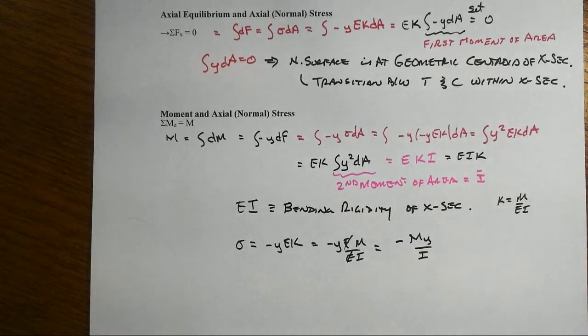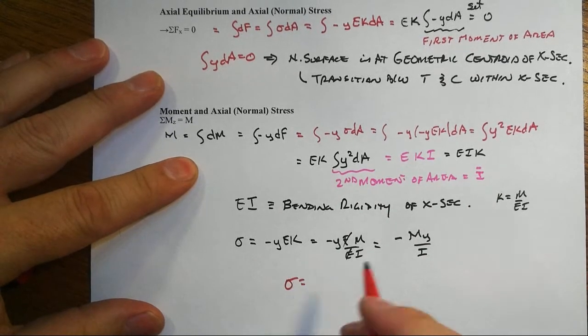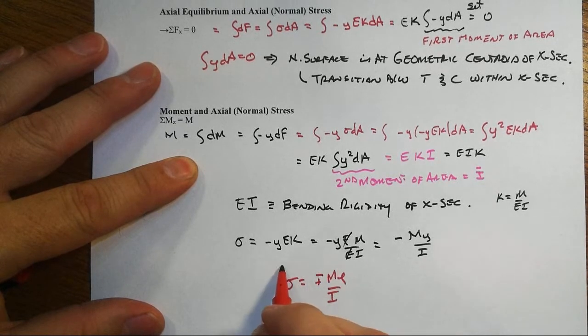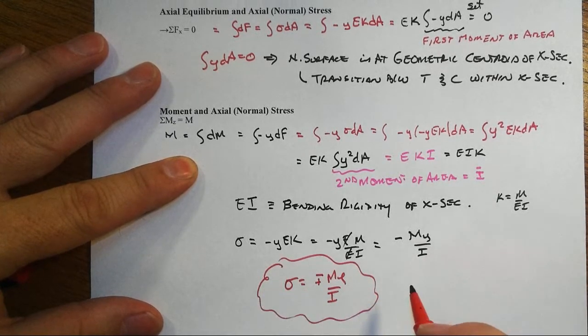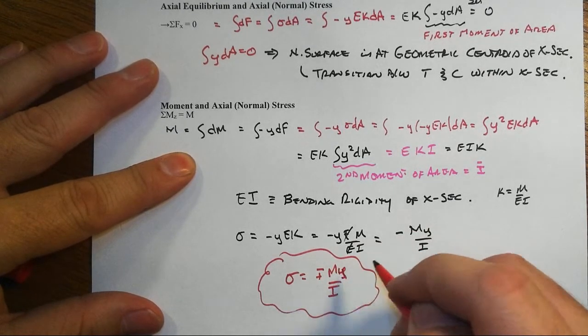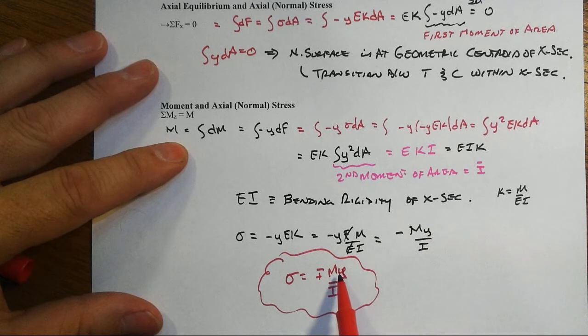I want to rewrite that in a very special way, and that is sigma equals minus-plus My over I. Bubble it; it is the most crucial equation that we have. Now I wrote it this way because positive y with a positive bending moment gives us compression on the top.